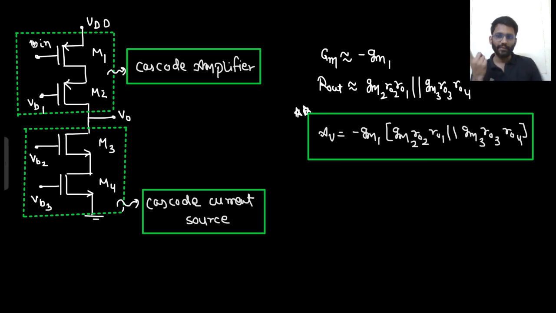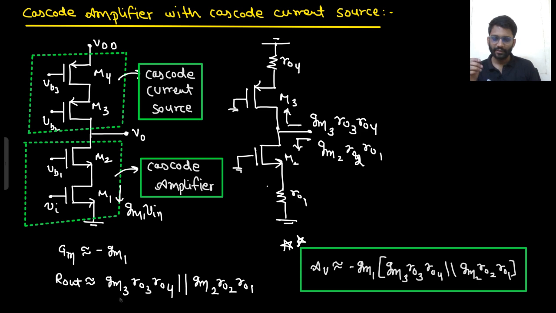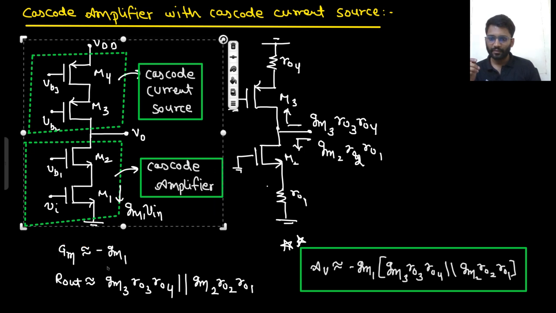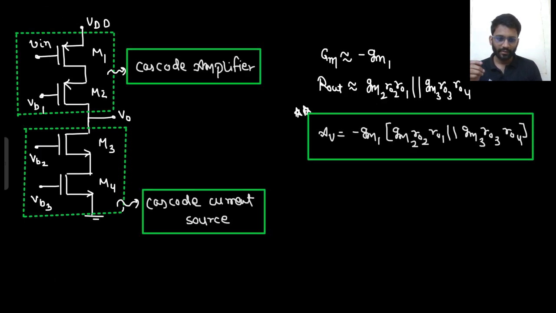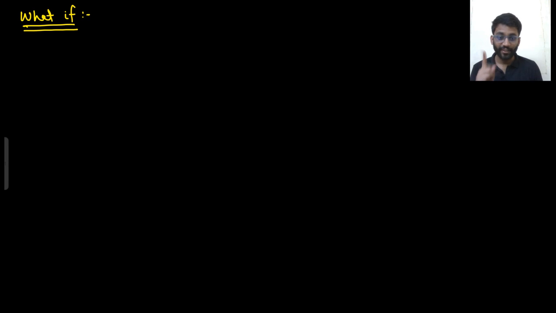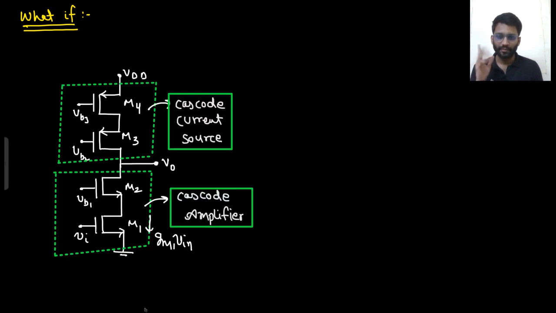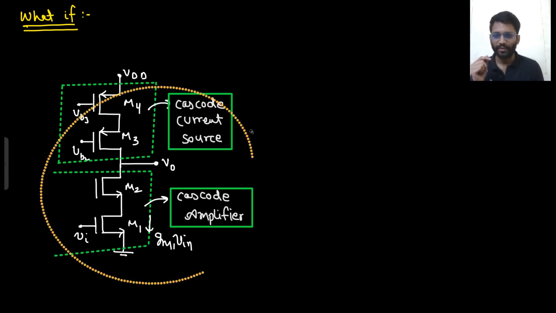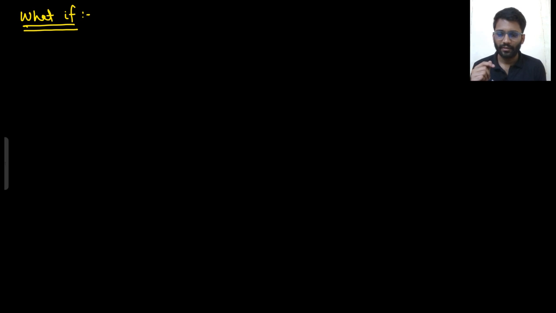Now we will see what if I had applied this input here. So I will copy this structure. So I have written what if. Okay, I have to make it.